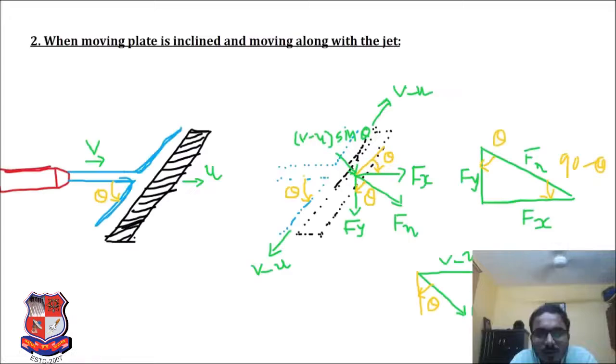Because if you see in the figure, it is v minus u, but this is not normal to the plate, it is parallel to the plate. But the normal component, that is perpendicular to this, will be purely 0. This component normal to the plate will be 0 because the entire velocity is parallel to the plate.